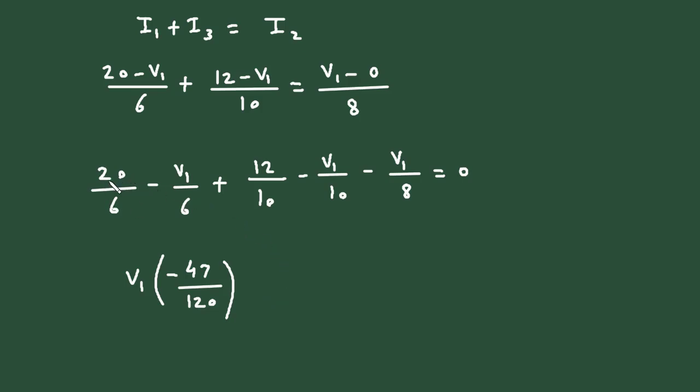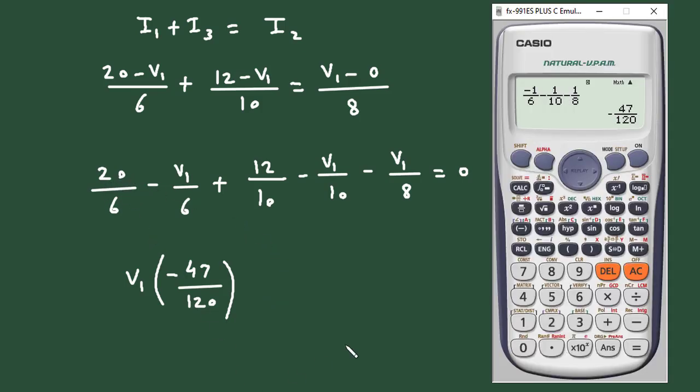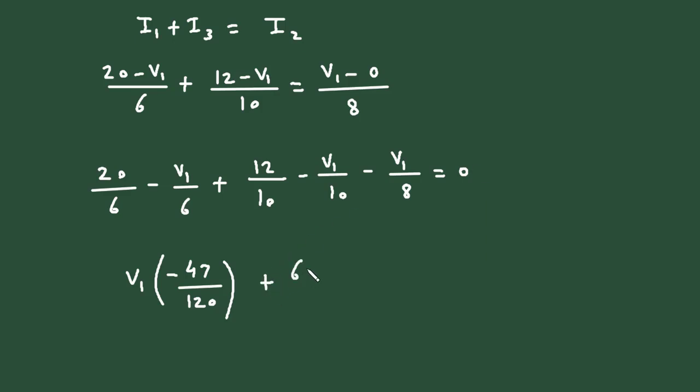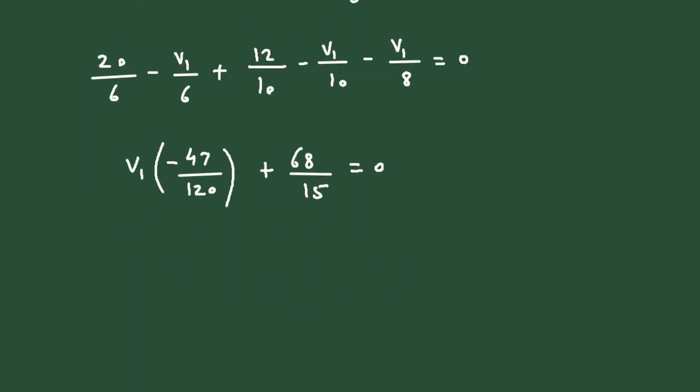Now let's solve the constants. It will be 20 by 6 plus 12 divided by 10. The constant is 68 by 15. So minus 47 by 120 V1 plus 68 by 15 is equal to 0. We take this on the right side, so negative becomes positive.